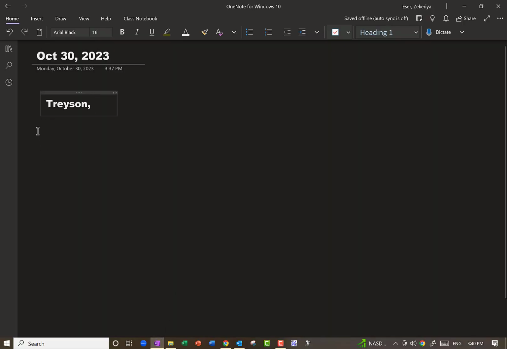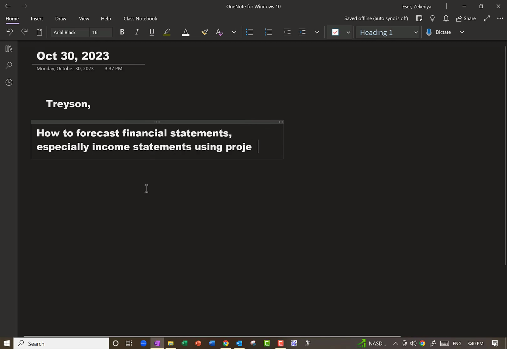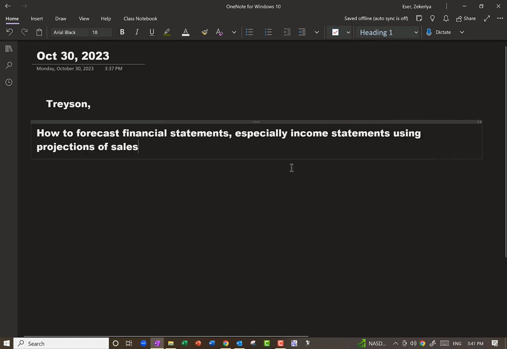Today I'm going to talk about, in general, how to forecast financial statements, especially income statements, using projections of sales and costs.